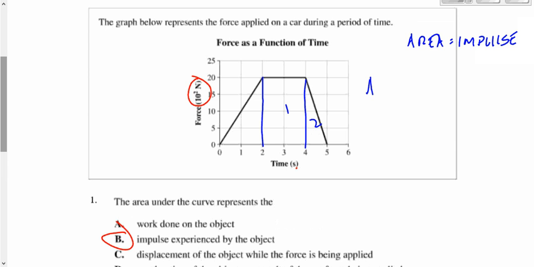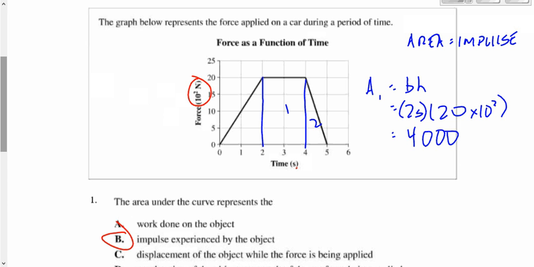Let's say area 1 is base times height. Be careful. The base is 2 seconds. The height is 20. What is 20 times 10 to the 2? Just tack a 10 to the 2 onto the end of that 20. That gives us, I believe, 4,000 newton seconds.